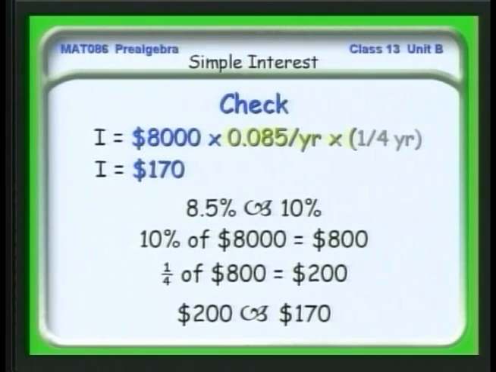Let me say that because my estimation is close enough to 170, I'm going to say that I've done this okay. And those funny little symbols are not exactly math symbols. They're just something that I threw in there to mean more or less, because I'm doing some estimating here.